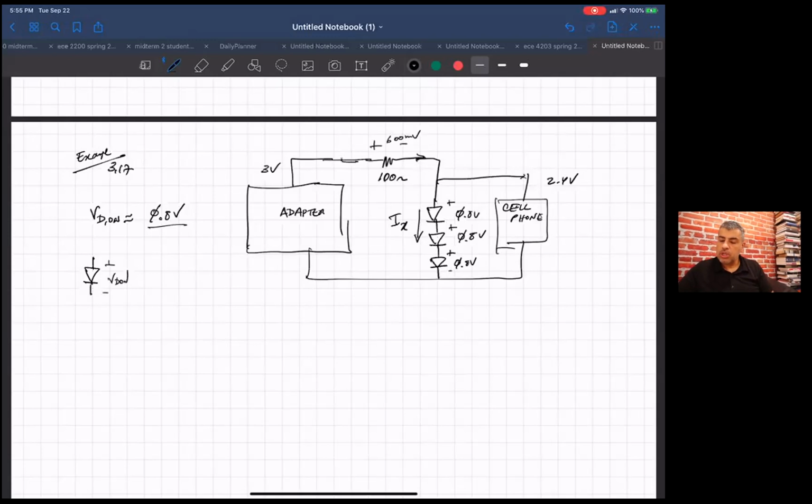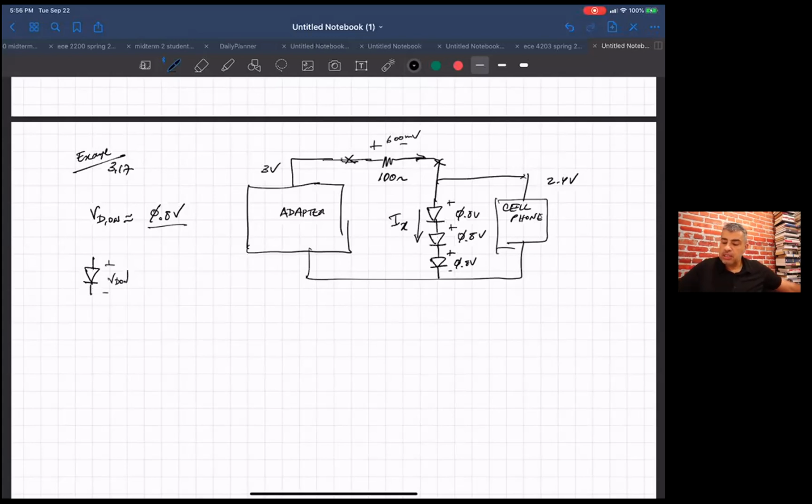This resistor will have 3 volts on one side, 2.4 volts on the other, and I'm using 3 forward bias diodes. Does that make sense to everybody, as a first level approximation?